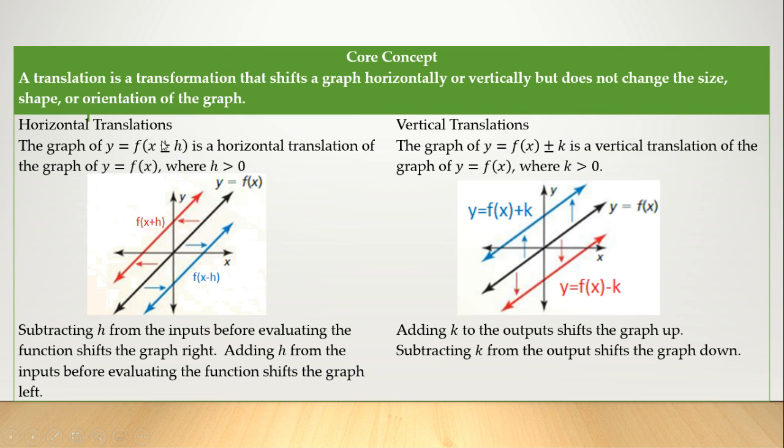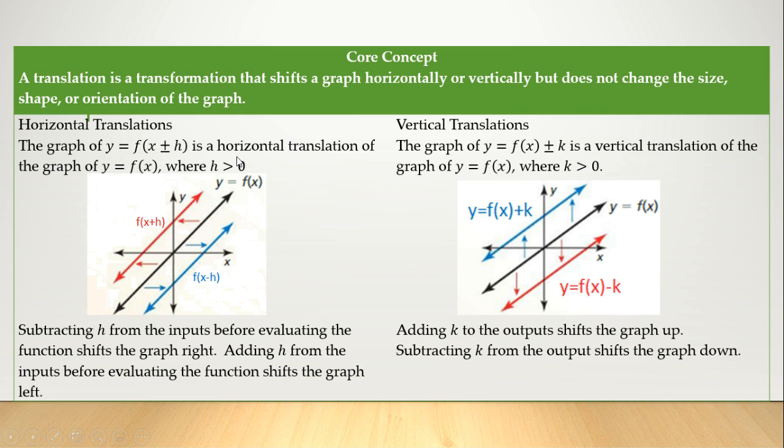Now, this subtle little change to the function creates a horizontal translation. Okay, now also notice down here, we get even more specific. If we're adding a number to the input inside of these parentheses, that takes this graph and moves it to the left. If we subtract h inside of those parentheses, that's going to move it to the right.